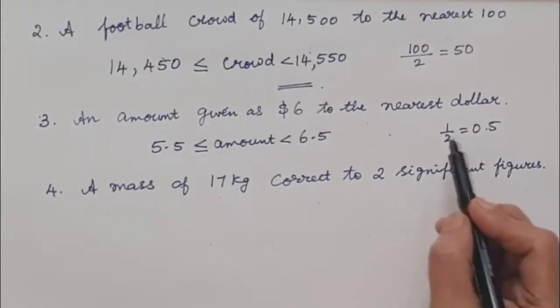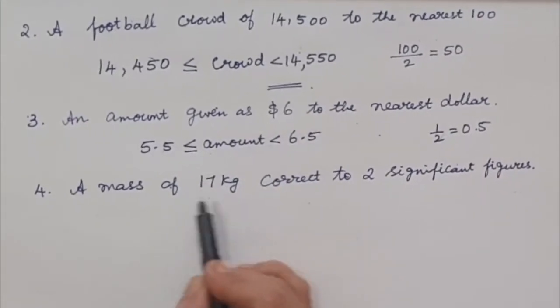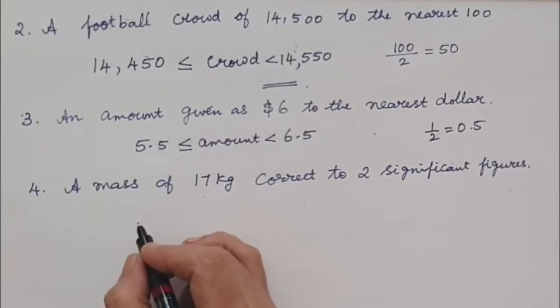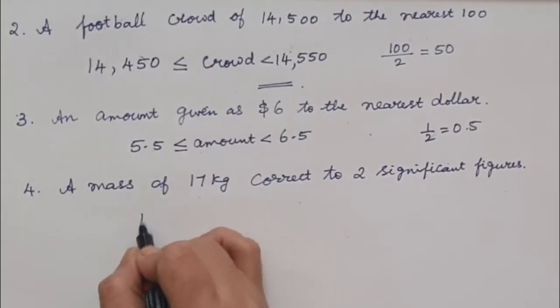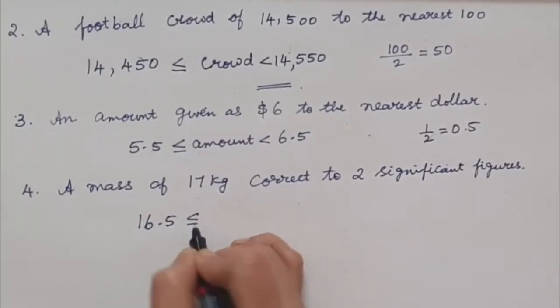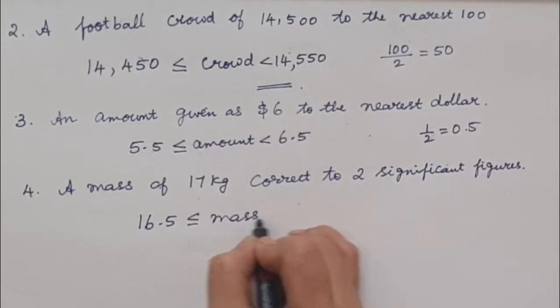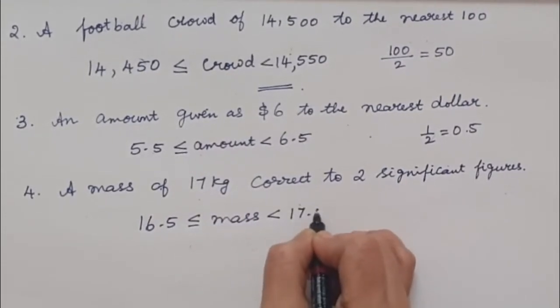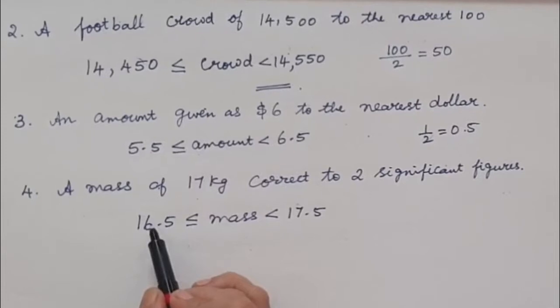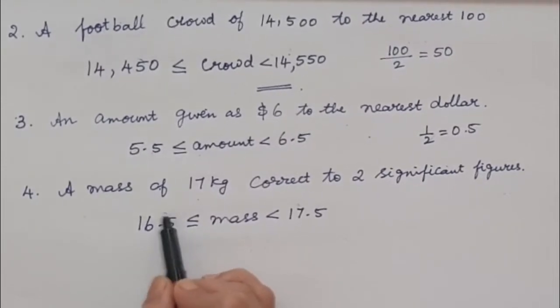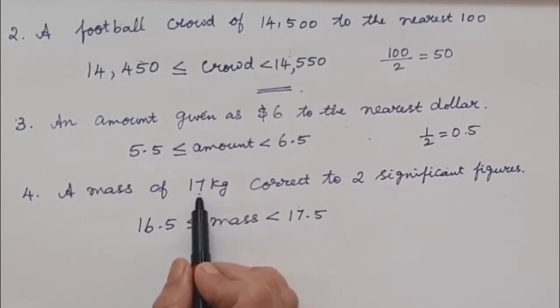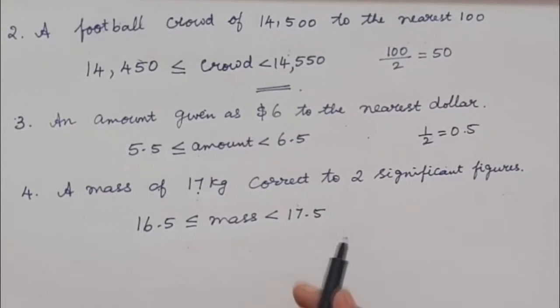Significant figures and decimal points we cannot do like this, only by our understanding we do it. So it will be 16.5 less than or equal to the mass less than 17.5. Now round this number to two significant figures, so we get it as 17. So this is the one.